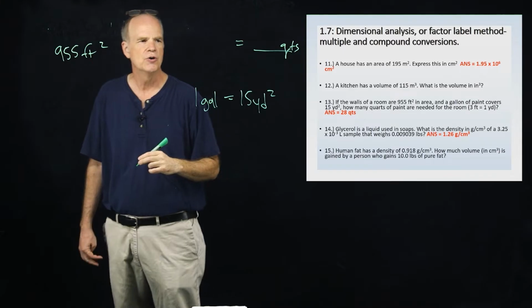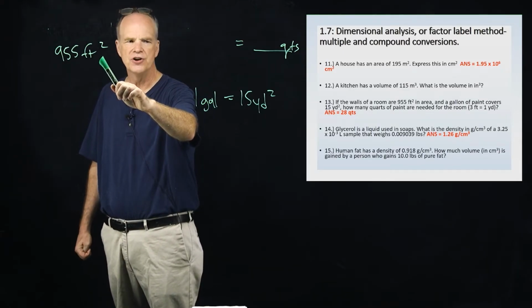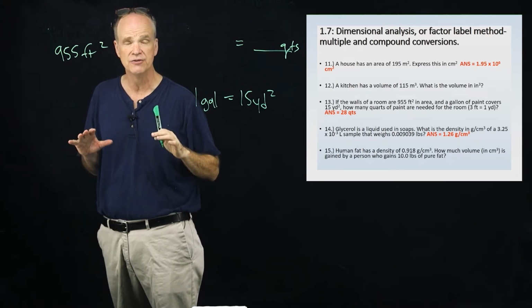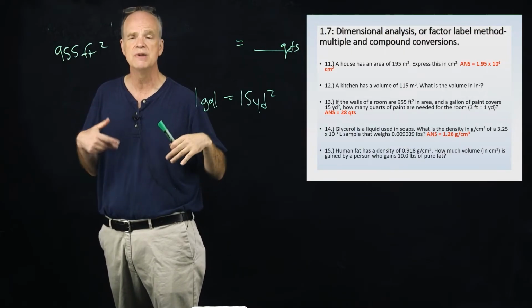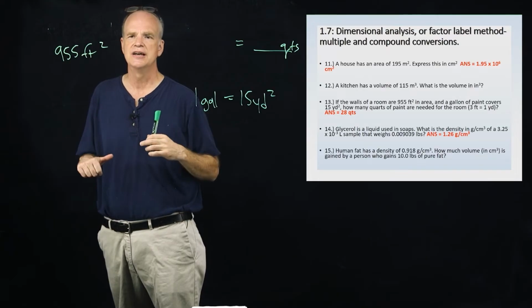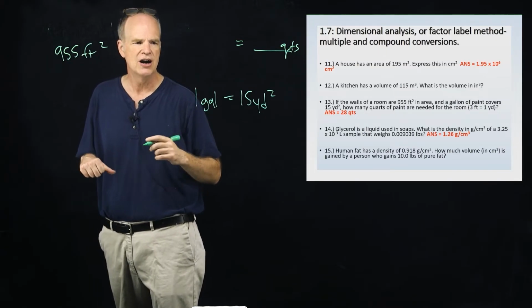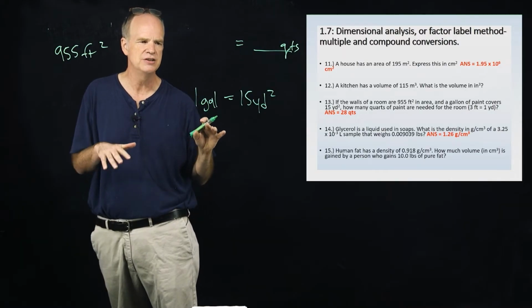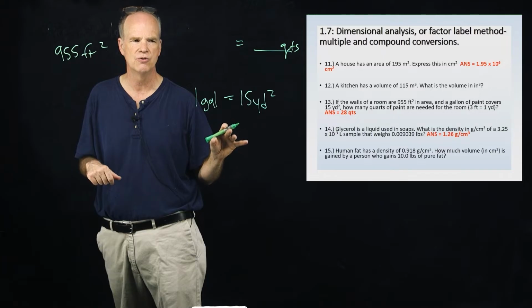Okay, so what we'll probably have to do is convert first feet squared to yards squared. Now I don't immediately know that conversion, but I do know that there are 3 feet in a yard, and maybe I can square that, and then that will be a useful conversion. And then once I'm in yards squared, I can use the conversion between a gallon and 15 yards squared to get that into gallons, and then I can get gallons into quarts.